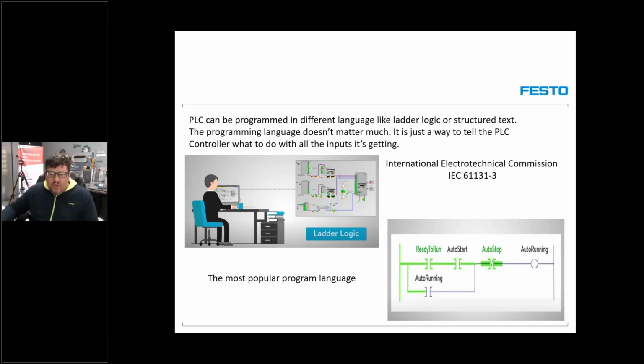That means if you want to understand programming, please start off with ladder logic. The programming language does not matter much. It is just a way to tell the PLC controller what to do with all the inputs it's getting. It's not so important, but it depends on your preference. What do you like? What do you understand? What is actually understandable for you?